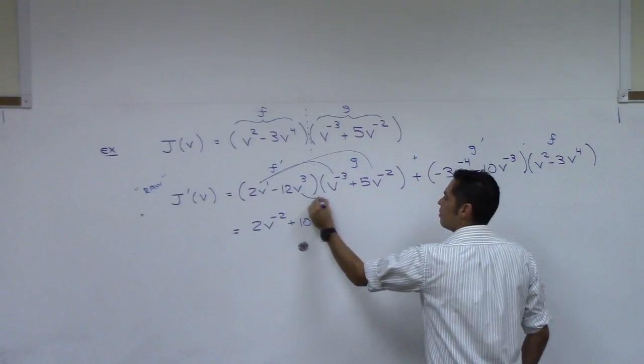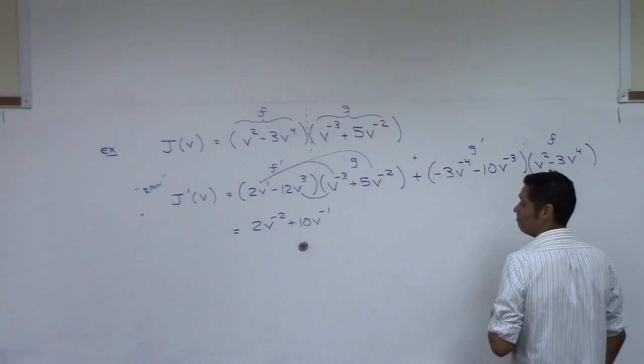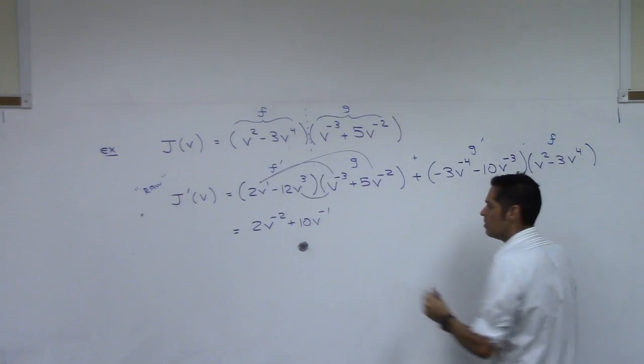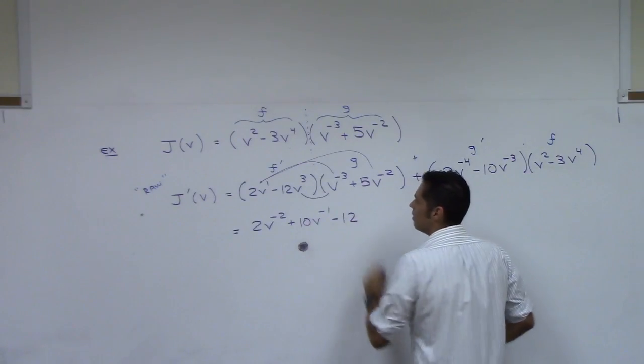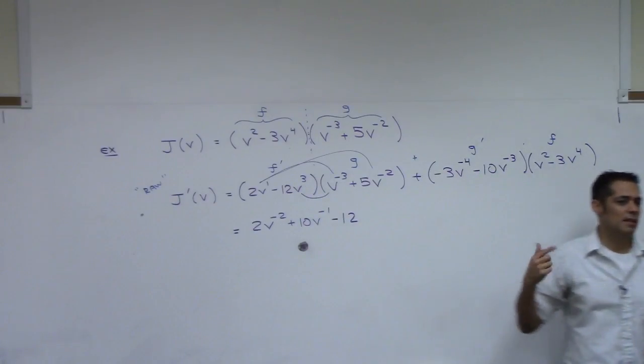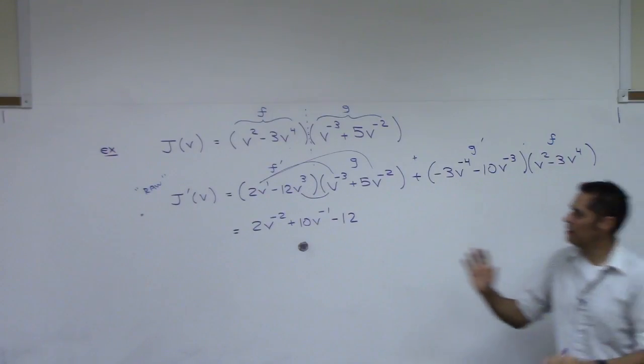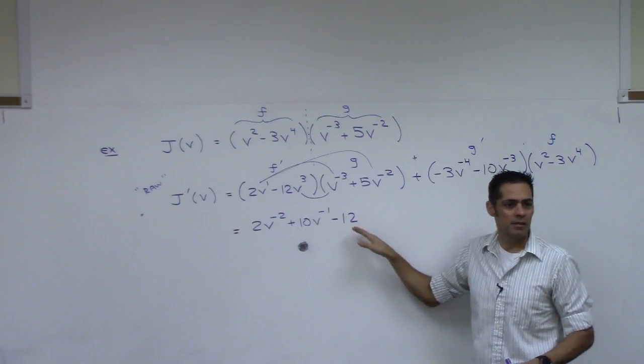And then what about this multiplication here? Negative 12, or minus 12, because v to the 3 times v to the negative 3 is v to the 0. V to the 0 is 1. And so it doesn't go away, okay? You still have the negative 12 there, times 1.